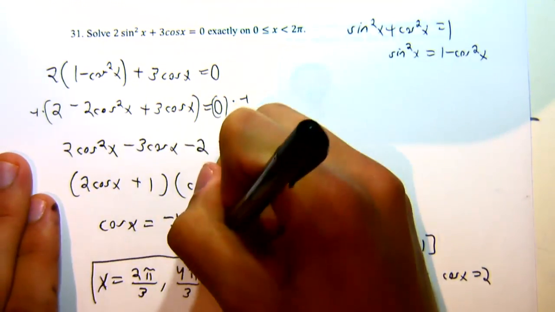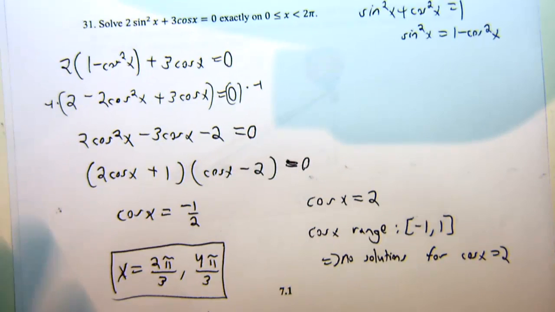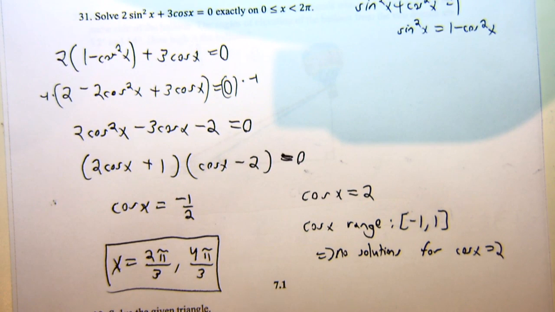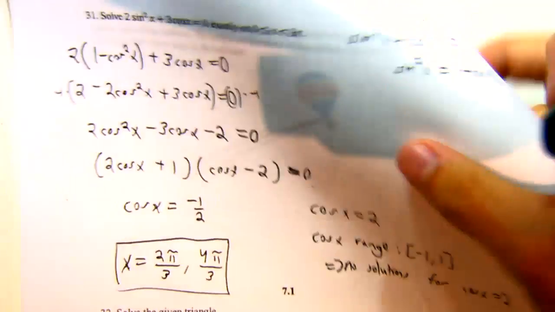So that means our answers are just 2 pi over 3 and 4 pi over 3 for this one. All right, any questions there? All right, let's move on to 32.